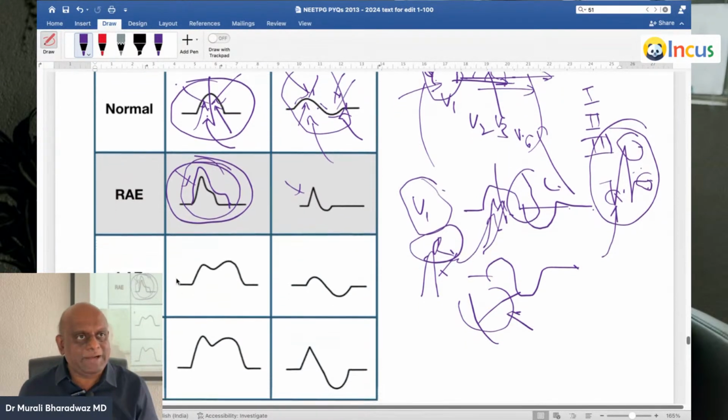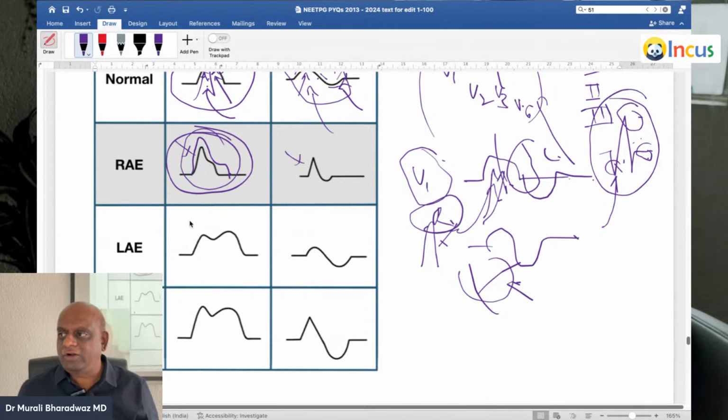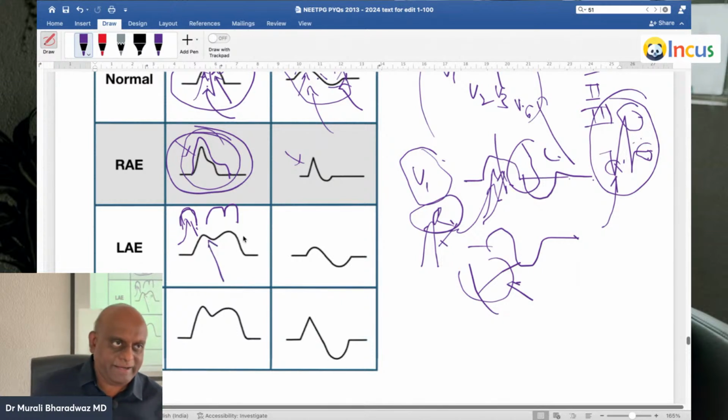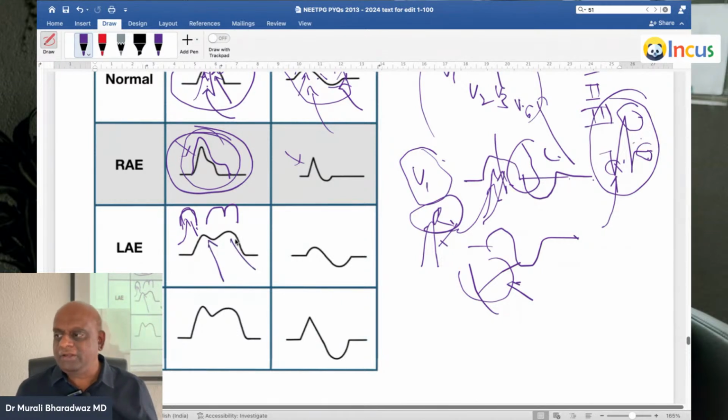Suppose left atrial enlargement is there, then what will happen? Earlier, right and left atria were able to be accommodated in a single P wave, but that P wave becomes broadened and shows two bumps. One bump is right atrial activity. The second bump is left atrial activity because of the left atrial enlargement, and this is called P mitrale.